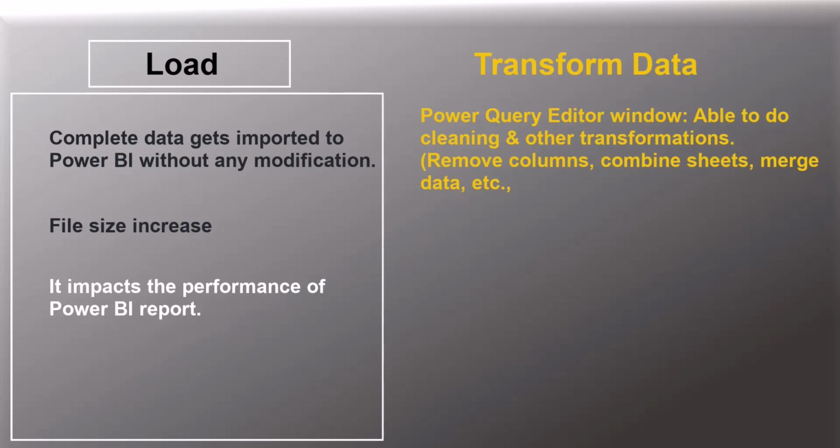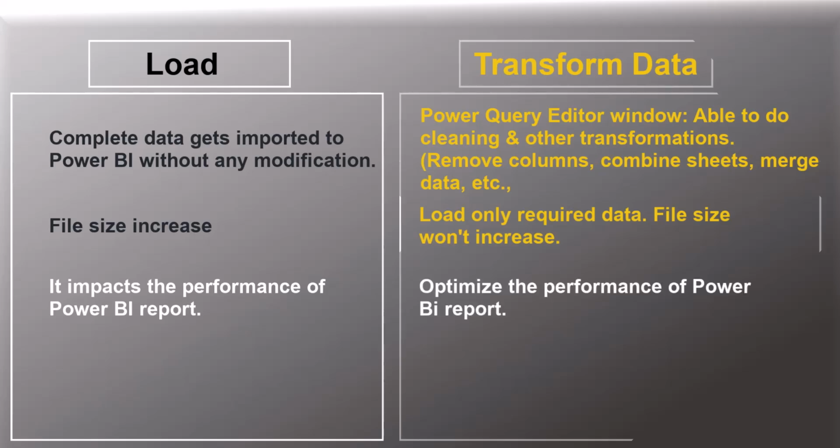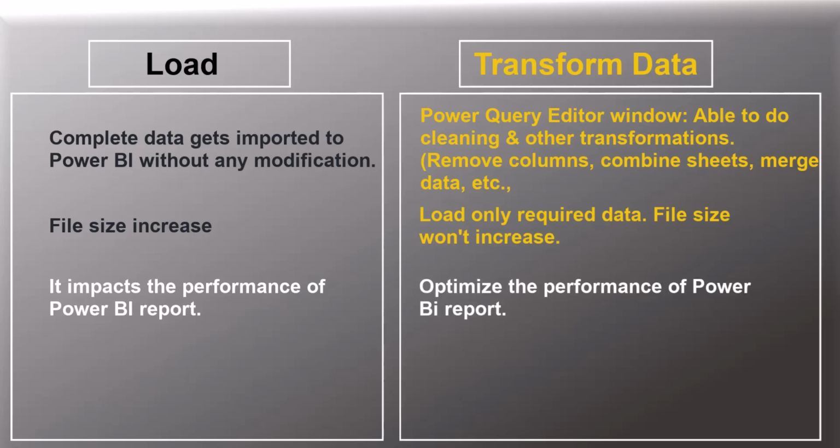It means you can remove unwanted columns and do other transformations like combining multiple sheets from different locations, merging data, append data, format, etc. I just told only a few, but a lot are there. We will see each topic one by one in detail in the upcoming video. By applying transformation, you will load only the required data into Power BI. This helps optimizing the performance of your report.